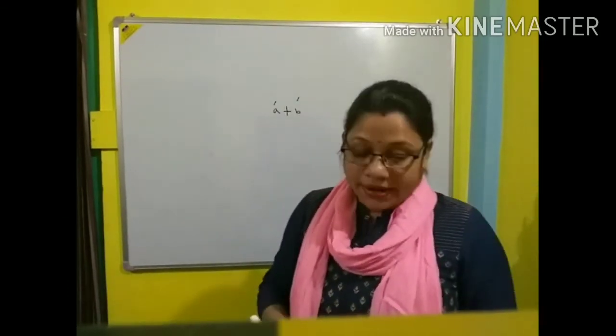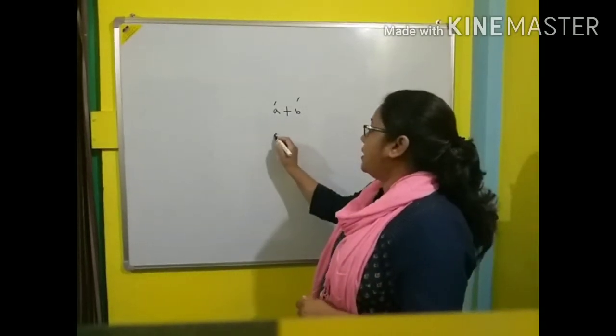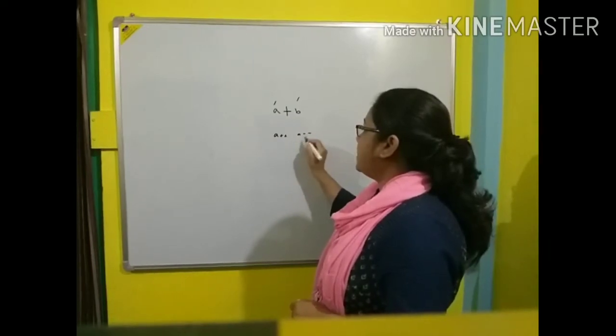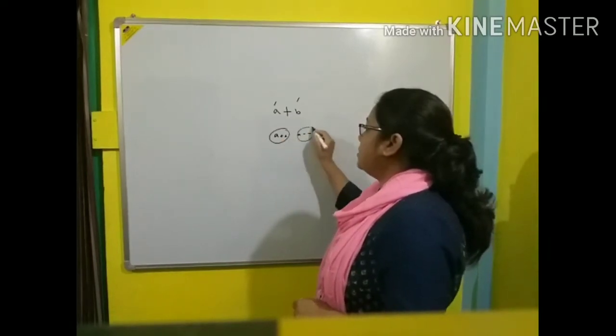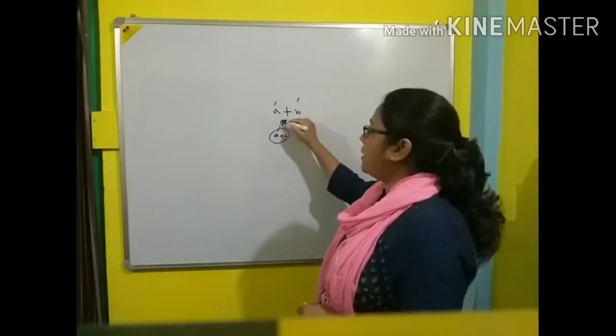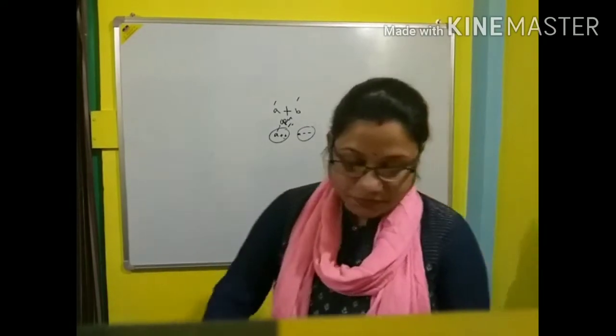Then unary operator: it takes only one operand, that is A plus plus, A minus minus. These are known as unary operators, because the plus plus operator takes one operand.